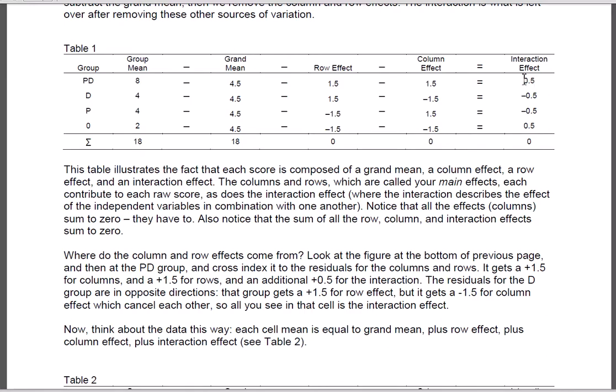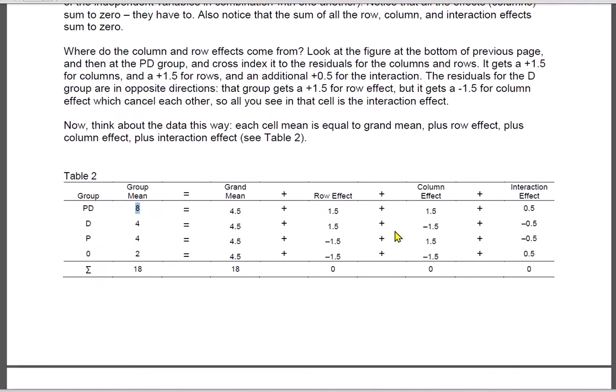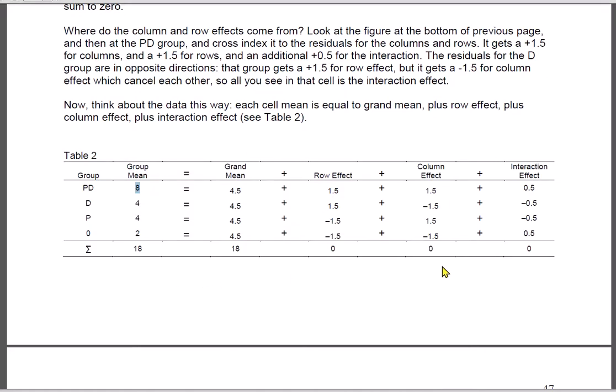So I needed to explain where these numbers right here came from, the positive 0.5s and the negative 0.5s. If you did examine the diagonals in the 2x2 table, you'd be able to get these same numbers. But anyway, now that I've established where these numbers come from, we can take a look at the table in a rearranged setup such that each cell mean is equal to the different components seen here.